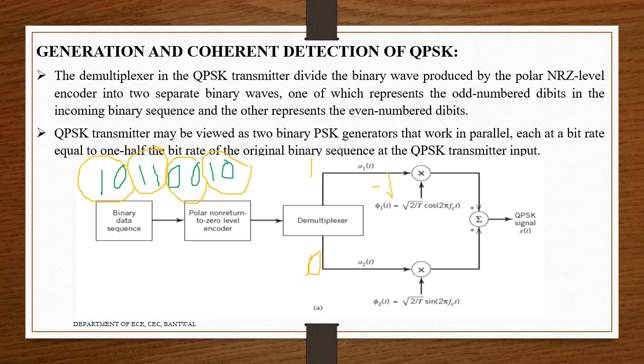Here it will be plus square root of E by 2 because of this 1, and this will become minus square root of E by 2.